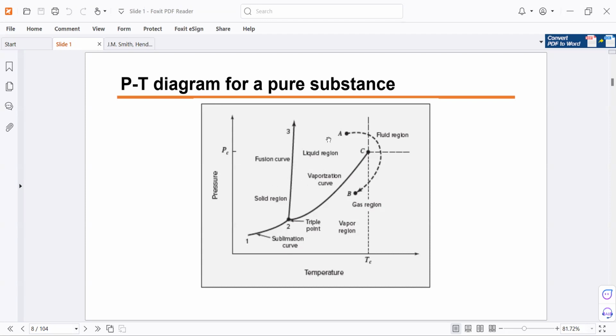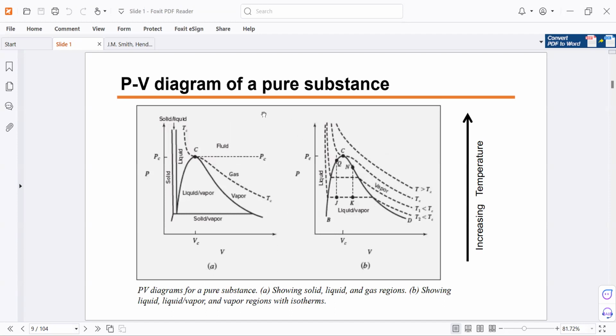So for each of these curves right here, you can trace the paths between crossing the phases. Okay. So next we have the PV diagram this time. On the y-axis you have the pressure, and on the x-axis you have the volume. Just like the previous PT diagram, we have the curves.